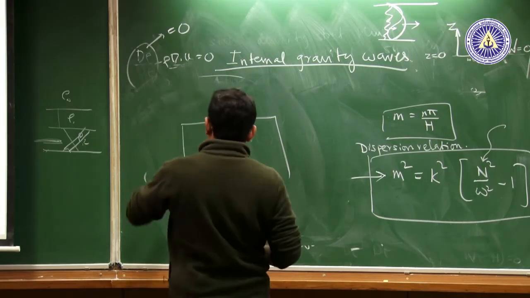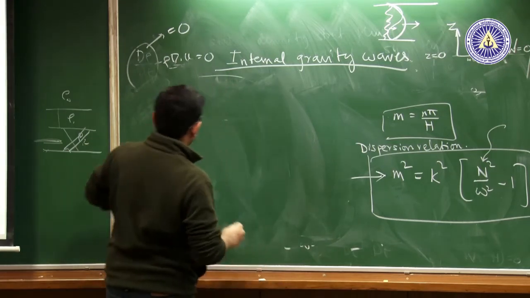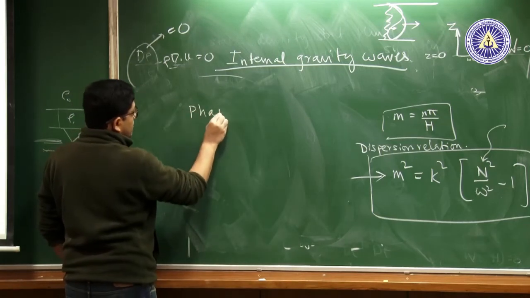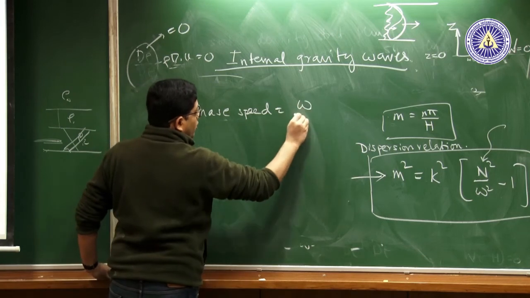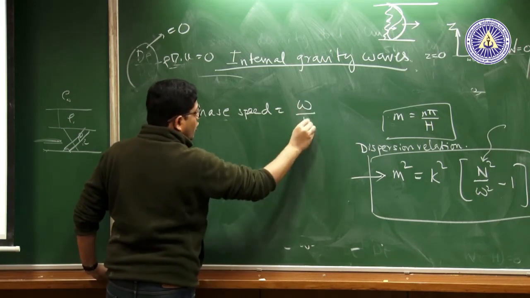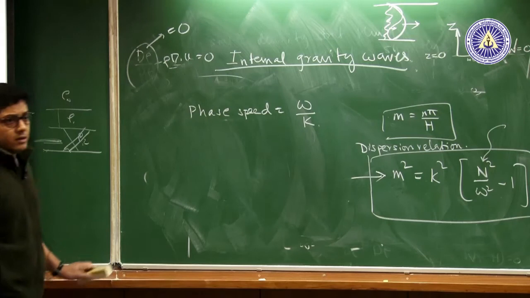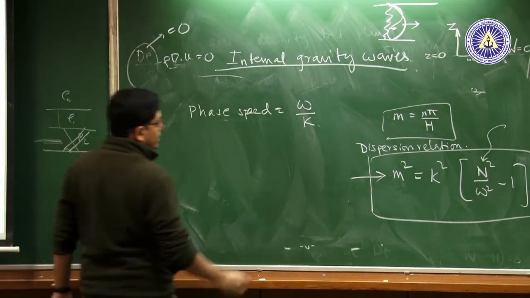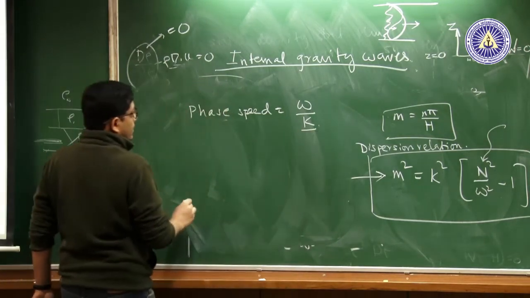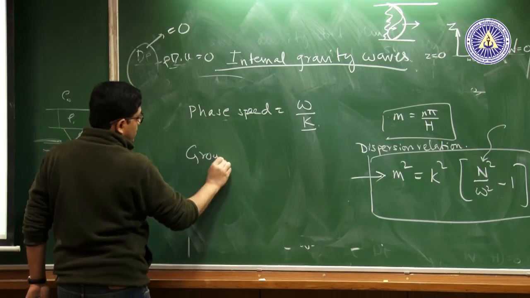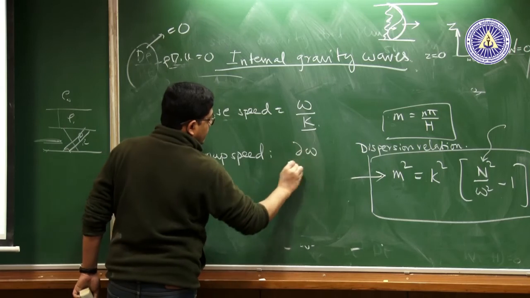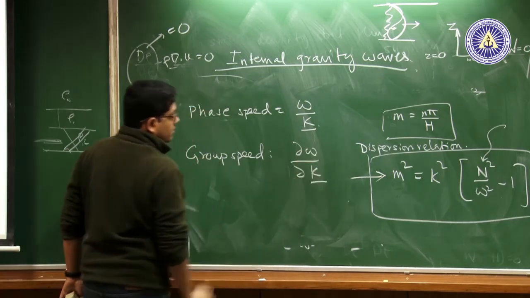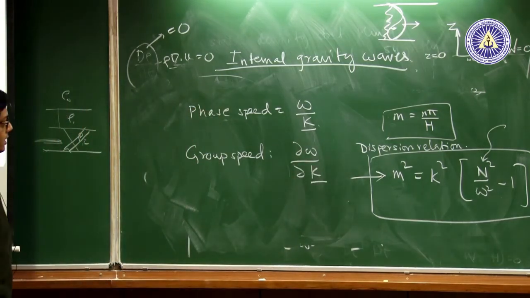So I will make a point that phase speed is omega by k, and group speed is del omega del k.